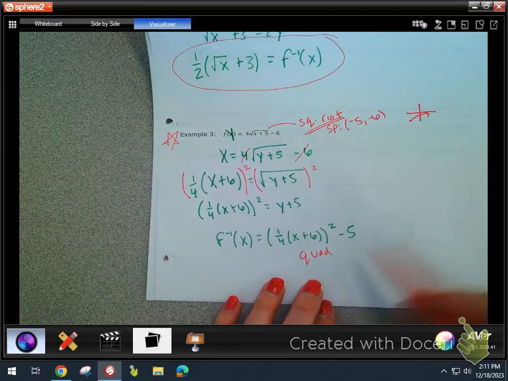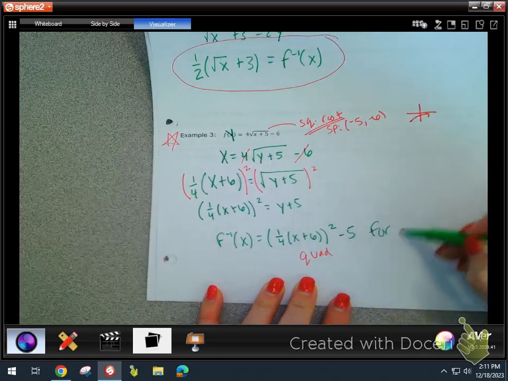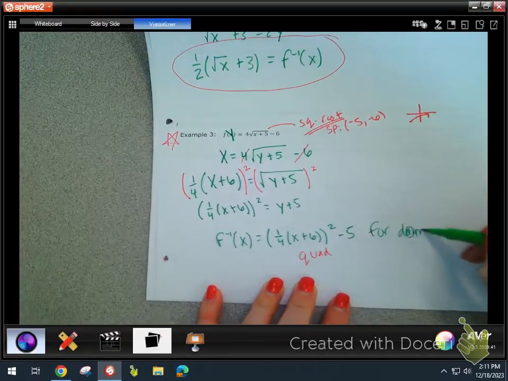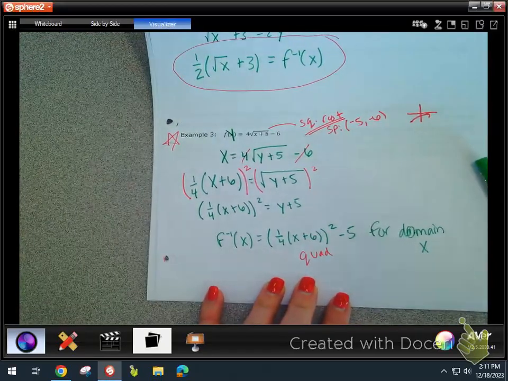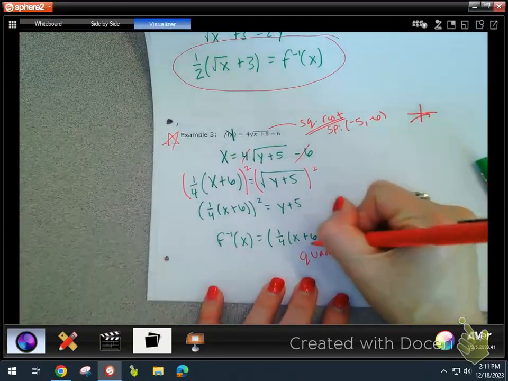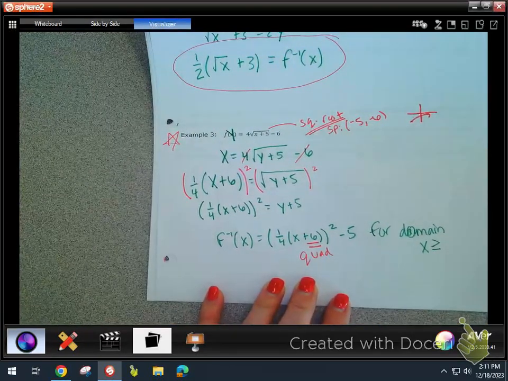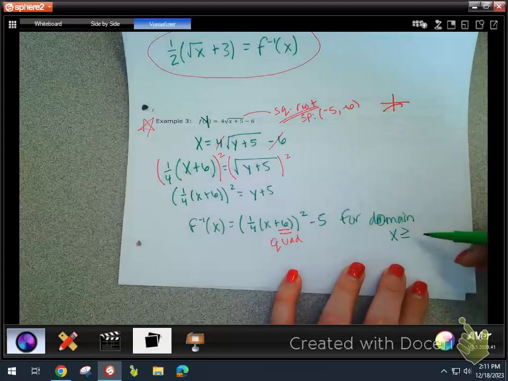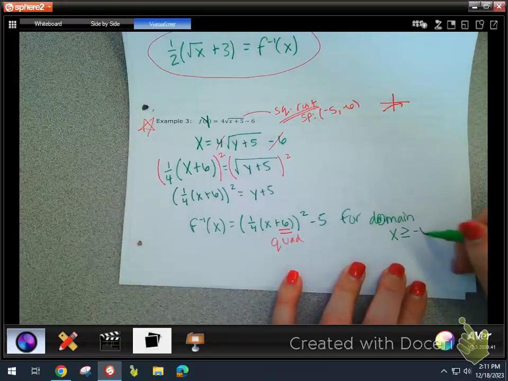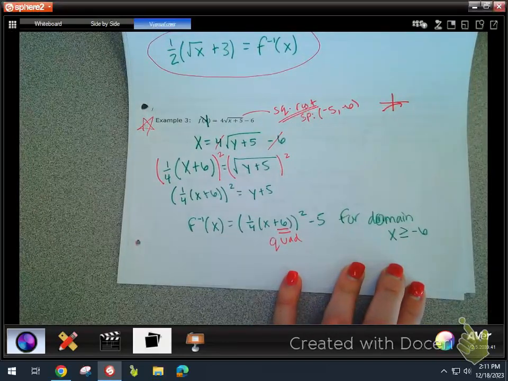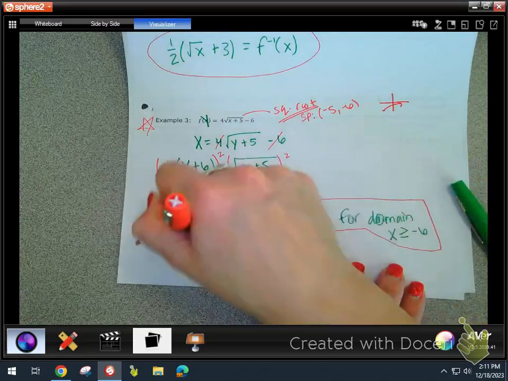So we have to go in and say for domain, x is, now remember what I said, it's based off of the x value of the vertex. So x is greater than or equal to, what's the x value of the vertex? Not the, no, that's the y value. -6.